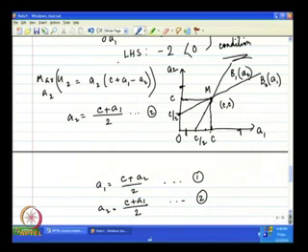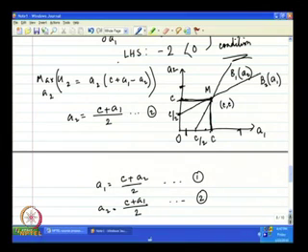From C, if C is the action taken by player 2, what is the best response for player 1? I go here and I reach here, this is the point C on the horizontal axis. So, with respect to the action C by player 2, C by player 1 is the best response.